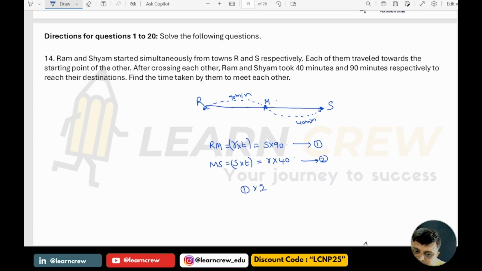First equation, second equation, if I multiply, RS into T square, T into T. So I will get RS into 90 into 40, 3600. So RS cancel, thereby I will get T as 60. So the answer is 60 minutes.